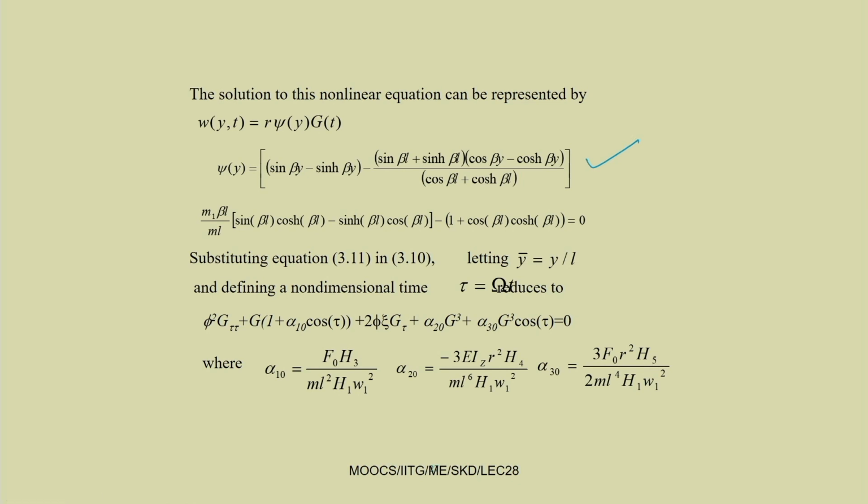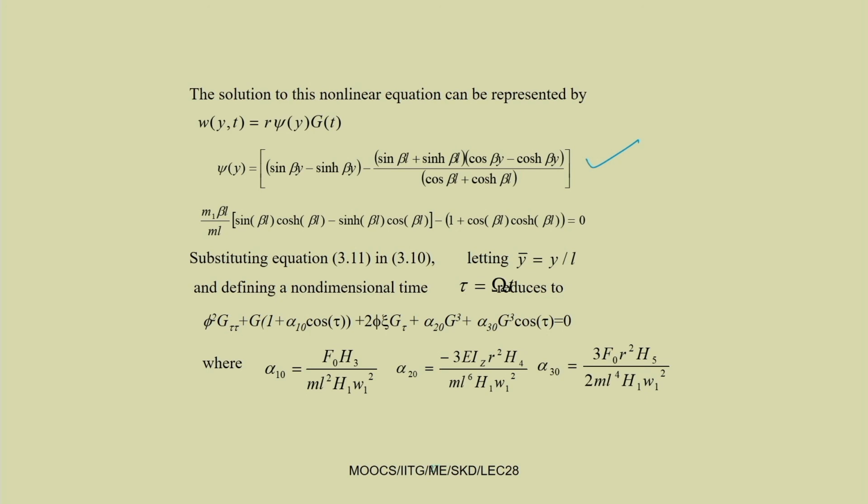So, psi(y) equal to sin beta y minus sinh beta y minus (sin beta L plus sinh beta L) into (cos beta y minus cosh beta y) divided by (cos beta L plus cosh beta L). M1 beta L by ML into (sin beta L cos beta L minus sinh beta L cos beta L) minus 1 plus cos beta L into cosh beta L equal to 0.